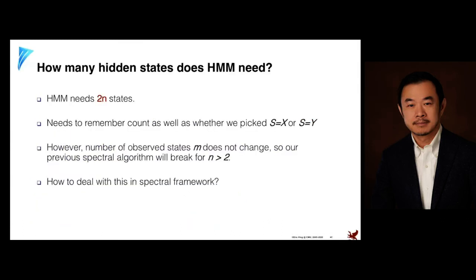So long-term dependencies basically require K to be greater than M, the observations. So how does the spectral framework do that? Because it causes the matrix to be higher rank, therefore it is not invertible than the observations.